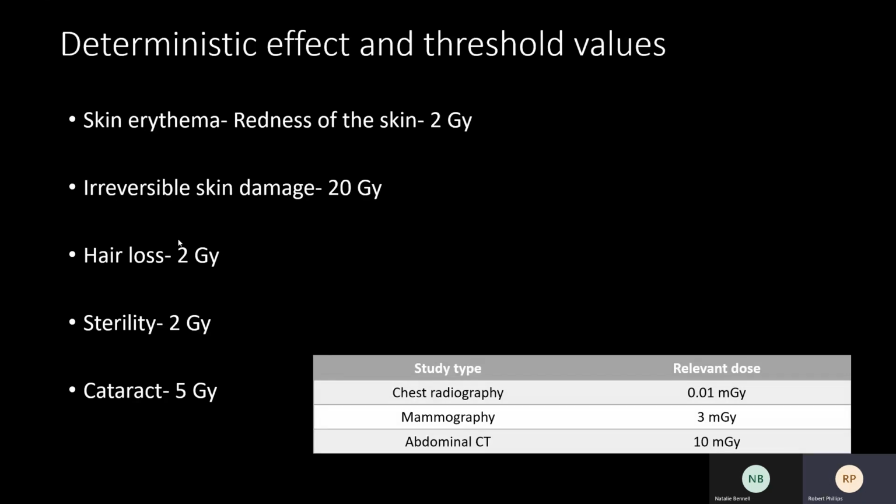But generally that was a bit neglected, because there is no dose limit for the patient. Legally it's justification and optimization. So if the physician can justify it, that's enough in a court of law.